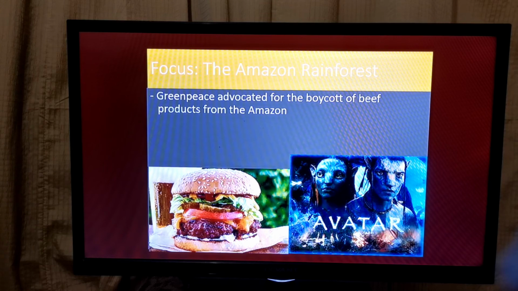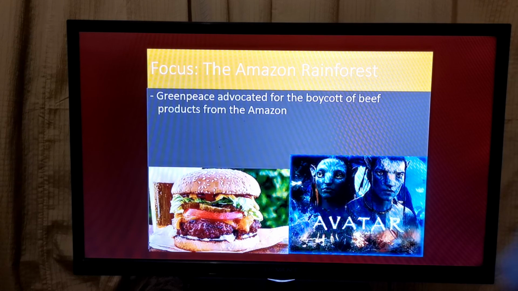They asked for a boycott of those companies because they say one burger that you eat is equivalent to 1/4 square meter of the Amazon rainforest that was burned. Can you imagine that? 1 square meter. You can draw that on the floor. Okay? 1 meter by 1 meter. So that area of the forest is equivalent to 4 burgers.